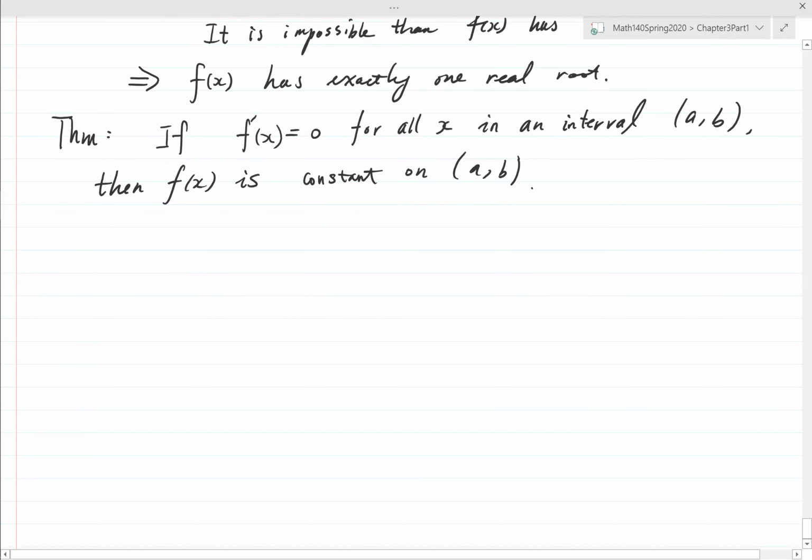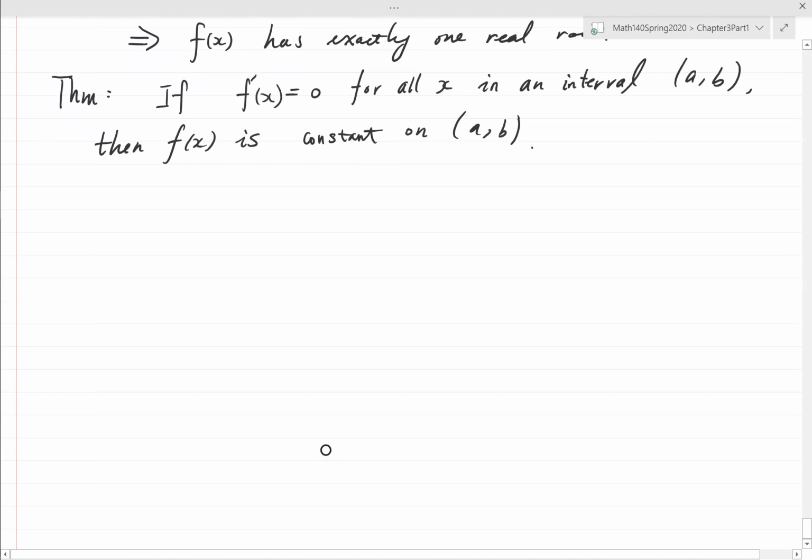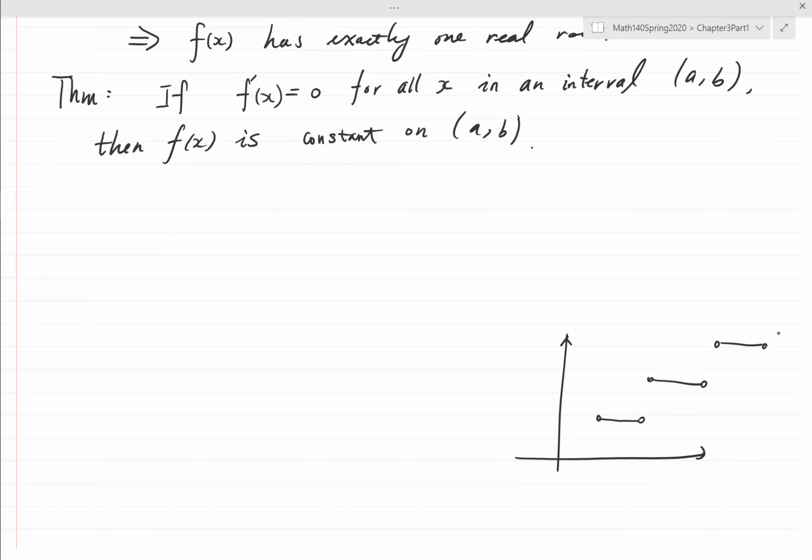So for instance, if we have more intervals, a bunch of intervals, we can study the floor function. Remember the floor function? It's actually locally constant. For each interval, it's constant, but globally it's not. The key thing is it's locally constant.